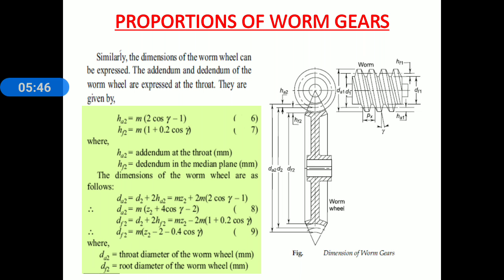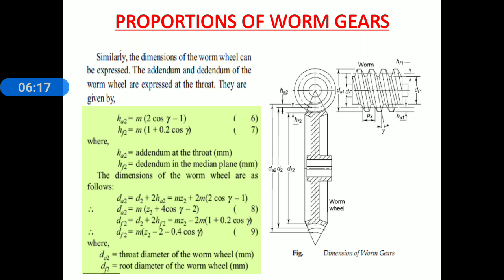Now let me find the dimensions of a worm wheel. Similarly, the dimensions of worm wheel can be expressed. The addendum and dedendum of the worm wheel are expressed at the throat. Now observe the addendum of worm wheel HA2 is equal to m into bracket 2 cos gamma minus 1, bracket complete.